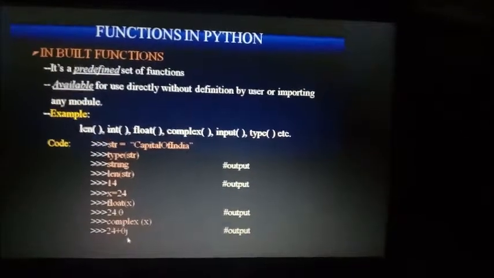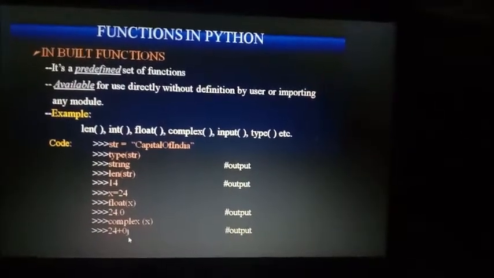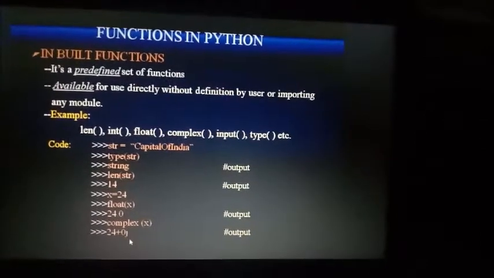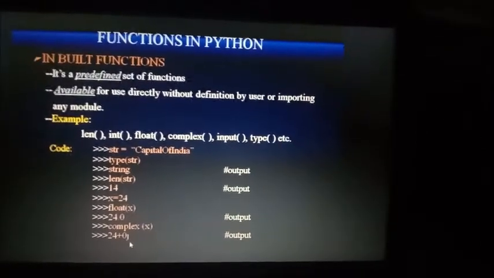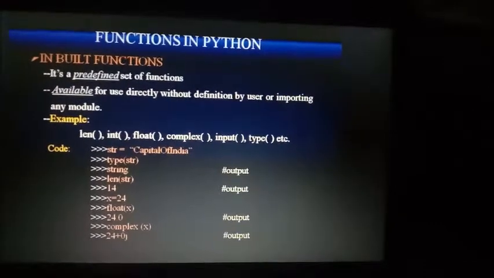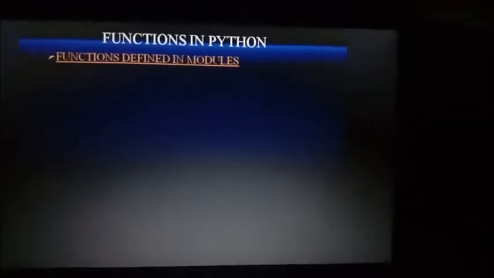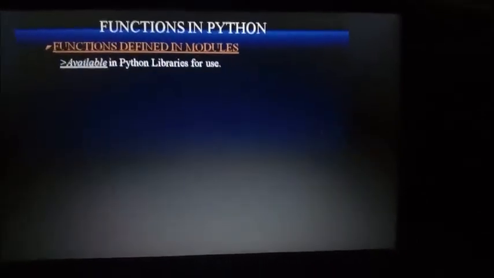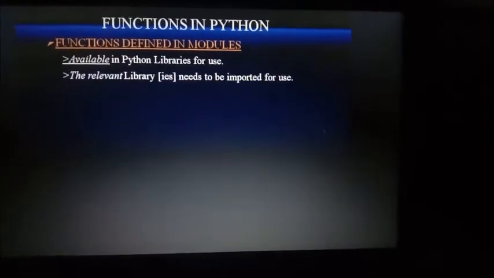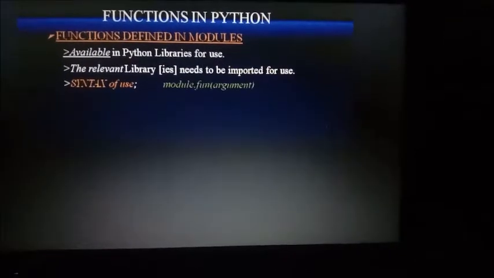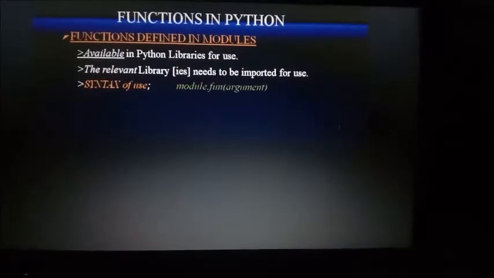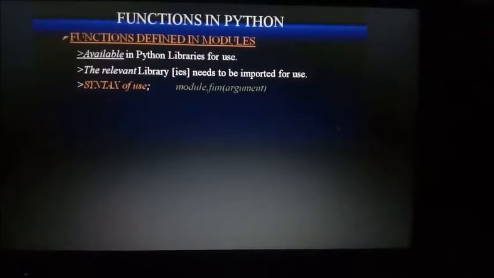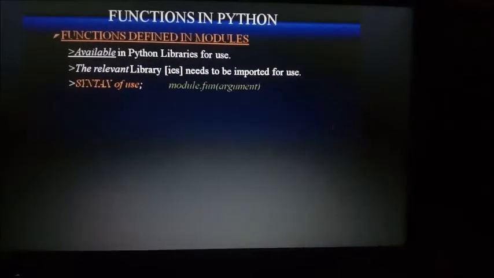That means the output will be the float value 24.0. It's not 24, it is 24.0. Similarly, the complex function converts an argument into a complex number, so here it will convert 24 into 24 plus 0j. This is the complex format of writing numbers.